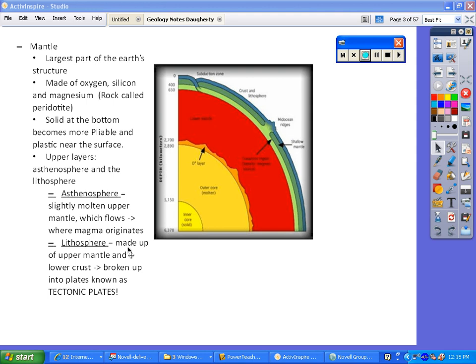And then the lithosphere is made up of the uppermost part of the mantle, and then it's actually a lower crust. So it's actually a little bit of the bottom crust, a little bit of the upper mantle, and these are our actual plates, our tectonic plates. So the asthenosphere is going to be the molten stuff right here that's right below our plates. And again, the plates are made up of both a little bit of mantle and then our last layer, which is the crust, which we'll get to on the next slide.